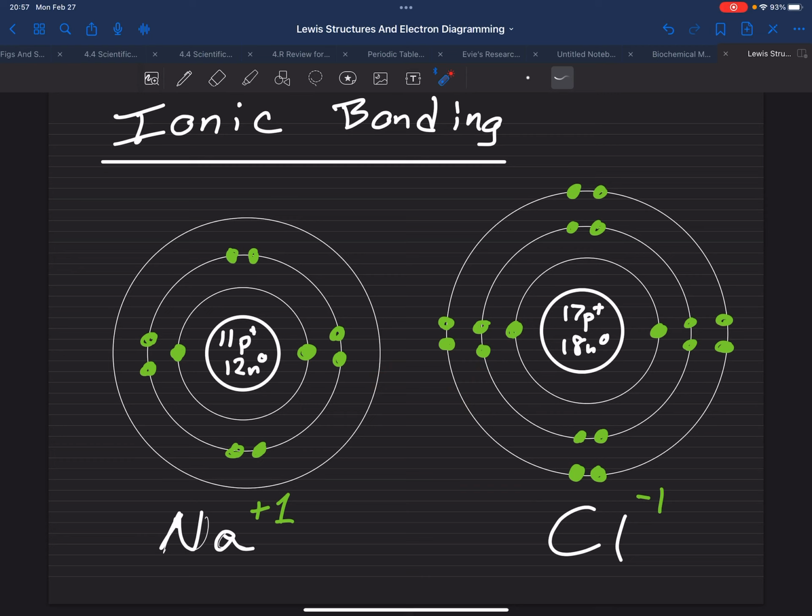We're going to diagram this using shell diagrams as well as Lewis dot diagrams. So this is more complicated than what we're going to be diagramming in our section, and I'll go over that with you right now, specifically with sodium and chlorine as our examples.